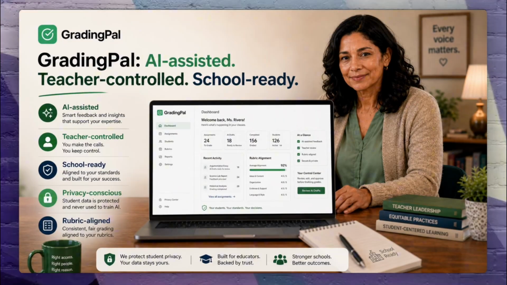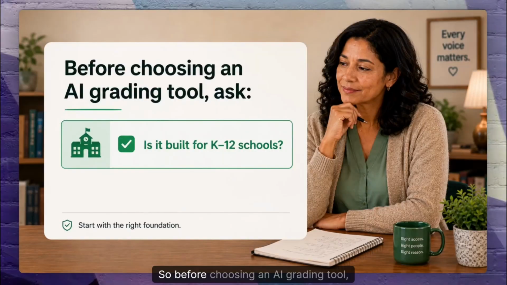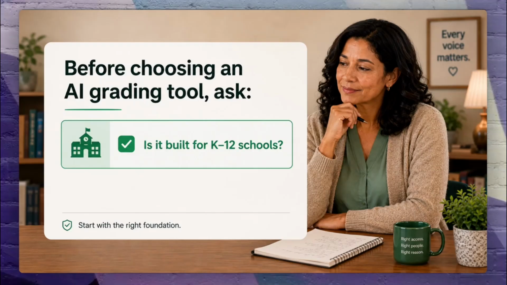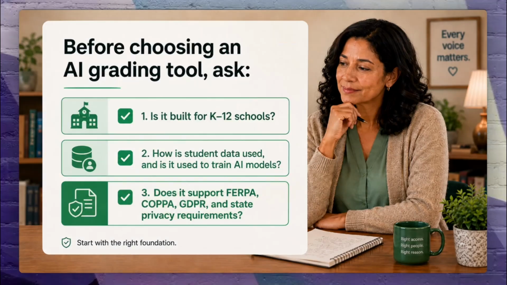For schools, trust matters. For teachers, control matters. And for students, data protection matters. So before choosing an AI grading tool, ask these 7 questions. Is it built for K-12 schools? How is student data used? And is it used to train AI models?